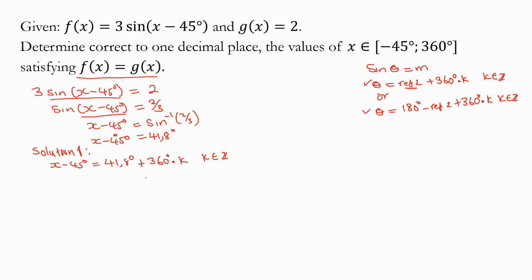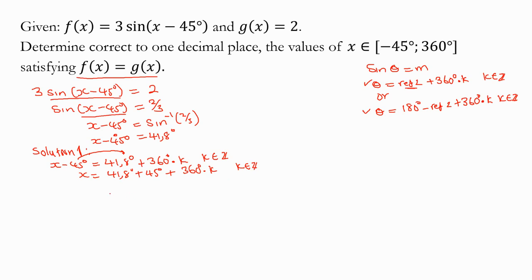Let's simplify this. We transpose −45°, so x = 41.8° + 45° + 360° × k, where k is an integer.